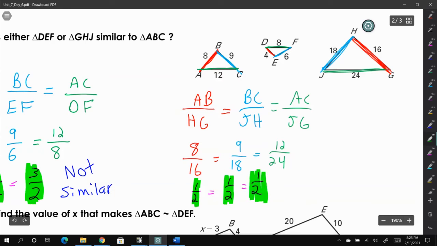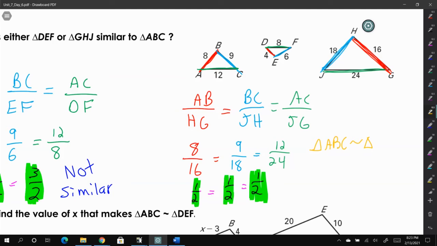So these triangles are similar by side. So we got to write a similarity statement. So triangle ABC is similar to triangle, and we got to make sure we go in the right order.